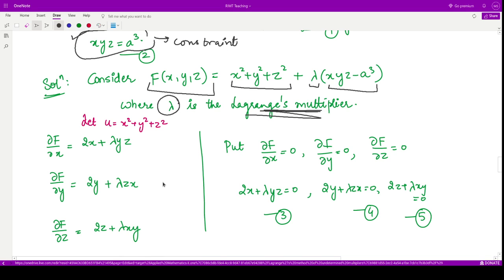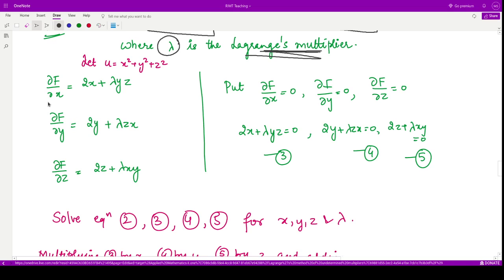Next we calculate the partial derivatives of capital F with respect to x, y and z. You have capital F, so you can very easily calculate these derivatives. When you calculate it with respect to x, you keep y, z and lambda as constants.